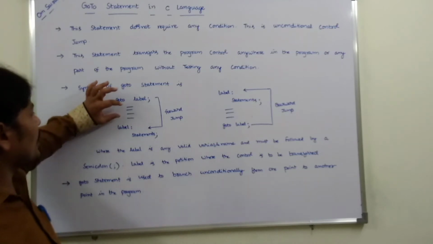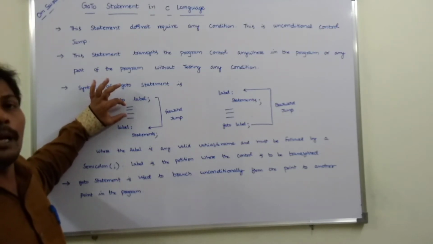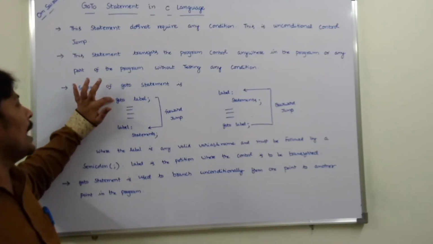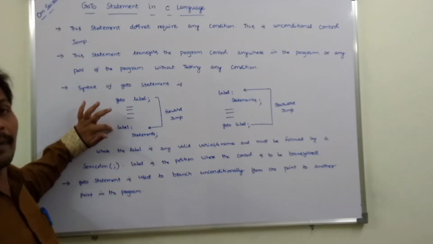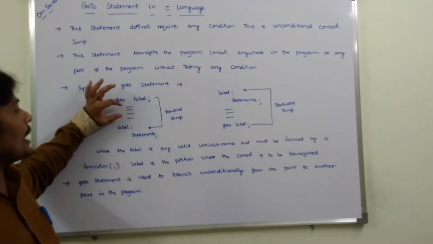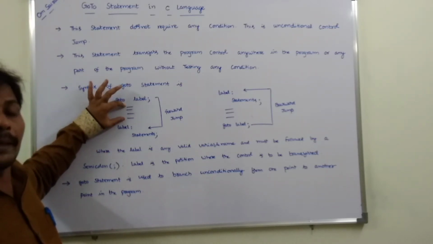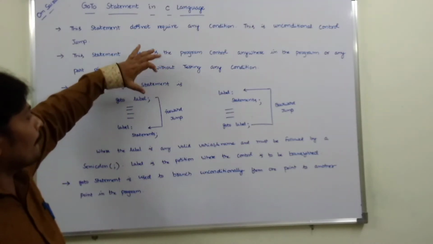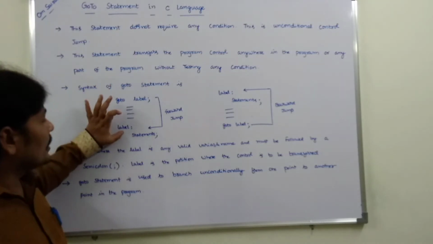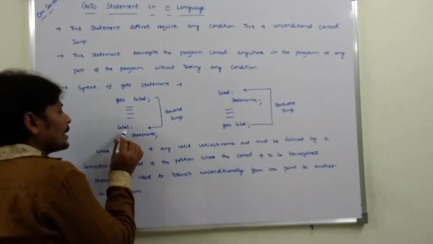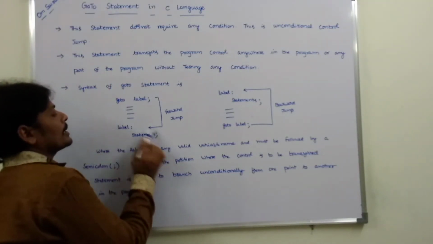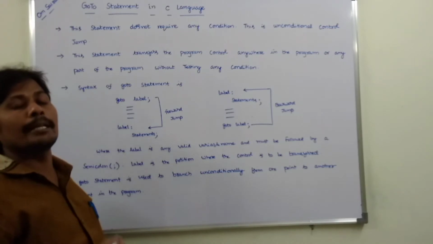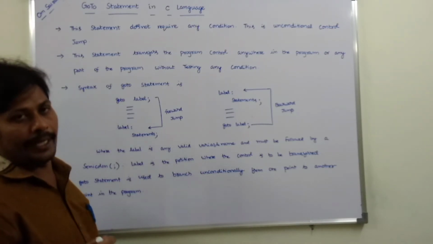Whatever statements are available between the goto label and the label statement are skipped. After the label, whatever statements are there are executed.